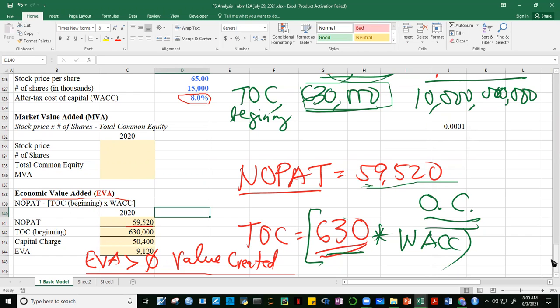You charge management for the use of that because of opportunity cost, di ba? That's what makes EVA very sound, no? Yung economic profit, it's very sound. Kasi ang problema ng accounting measures, it does not take into consideration yung opportunity cost. Sa accounting measures, wala yung ganyan, wala yung EVA.